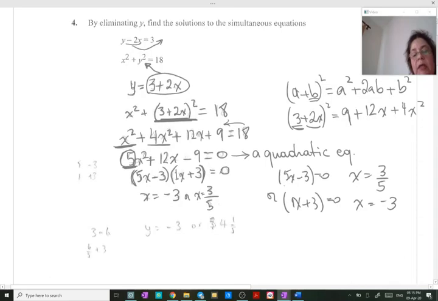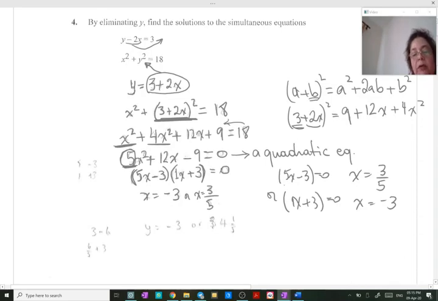Now it's not enough to find the x, we need to find the y. So we take the values and replace them in this equation. So y equals 3 plus 2 times minus 3.